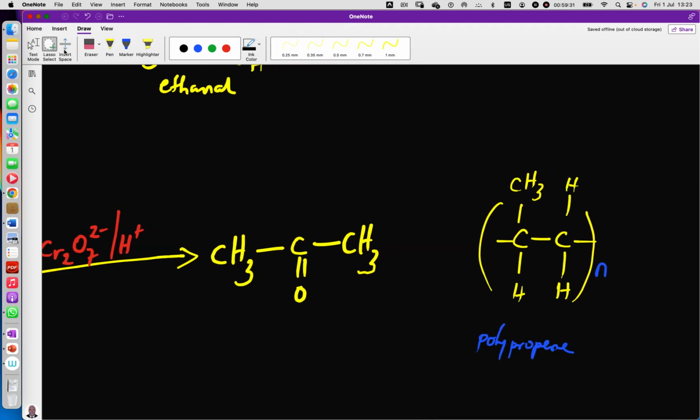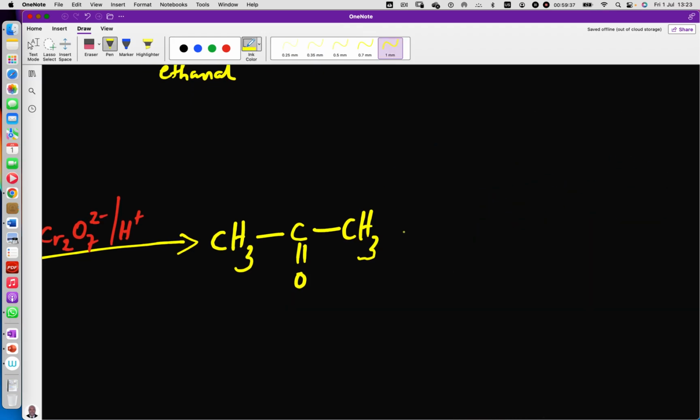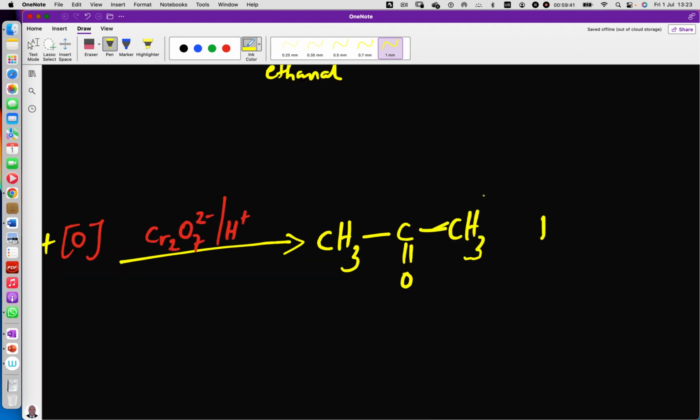Secondary alcohols are oxidized to ketone plus water.